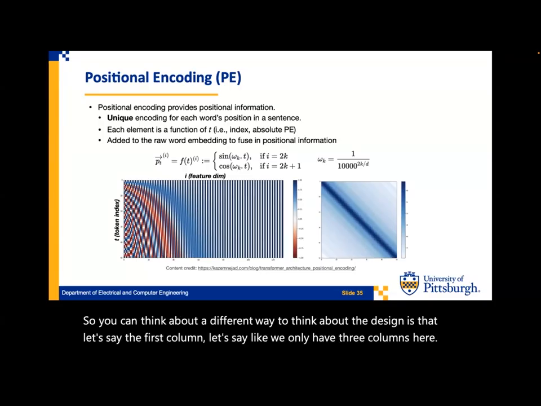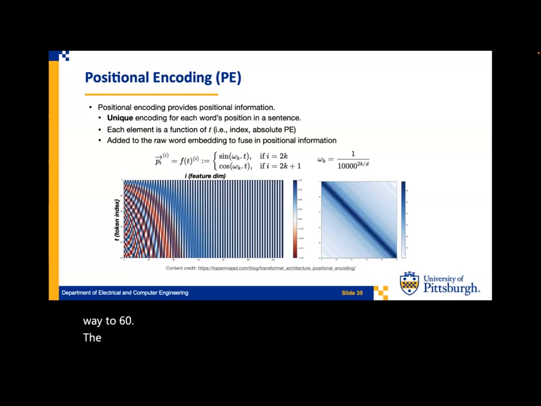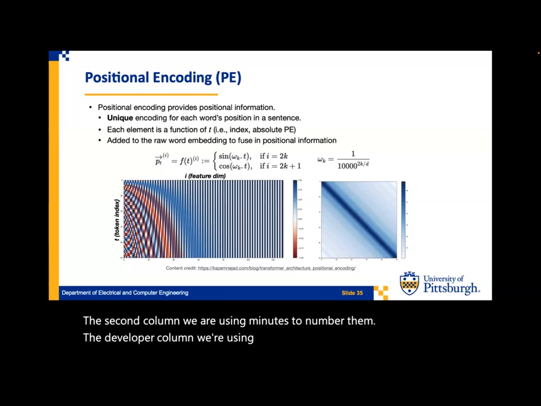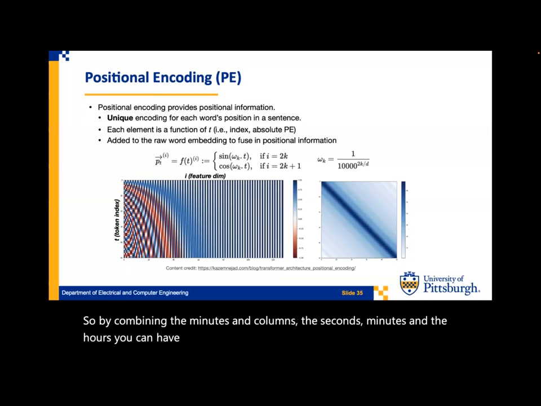In the first column, we use seconds to number them, 1 all the way to 60. In the second column, we use minutes. In the third column, we use hours. By combining the seconds, minutes, and hours, you can have all these different encodings for the position. Does that make sense?